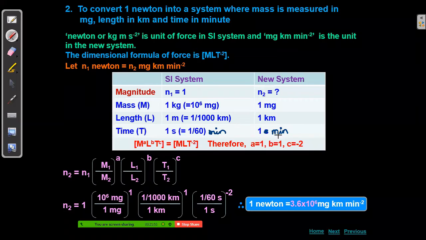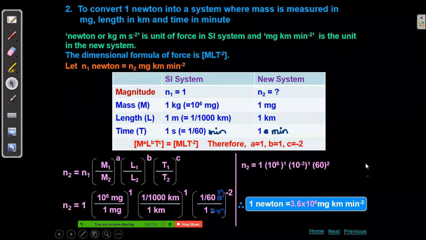Whatever we want to get here, in terms of those we are writing. Here it should not be second, it should be minute only. There was a mistake in this, minute and minute. Now further, what happens here? 10 to the power of 6, here 10 to the power of minus 3, here 1 by 60.